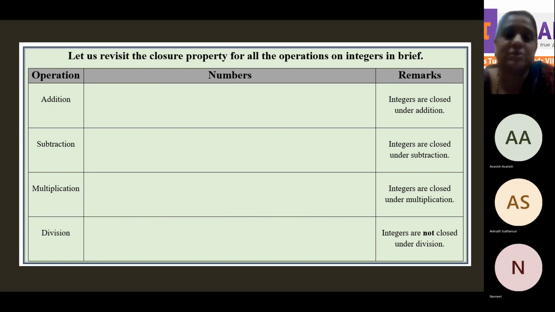So this is the closure property. I'll tell you again, when we consider two integers, the sum of these two integers will always be an integer. Take any two integers and find their sum. That result will always be an integer. This means integers are closed under addition.